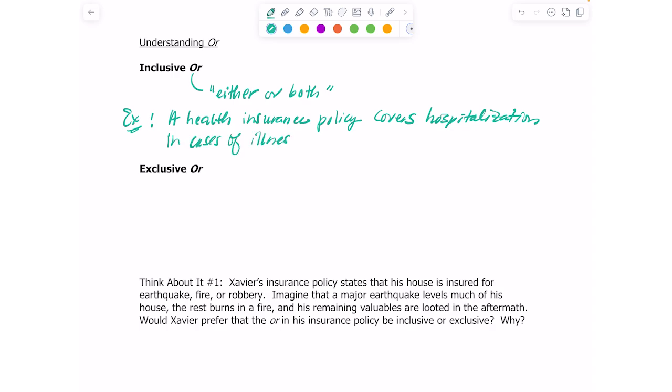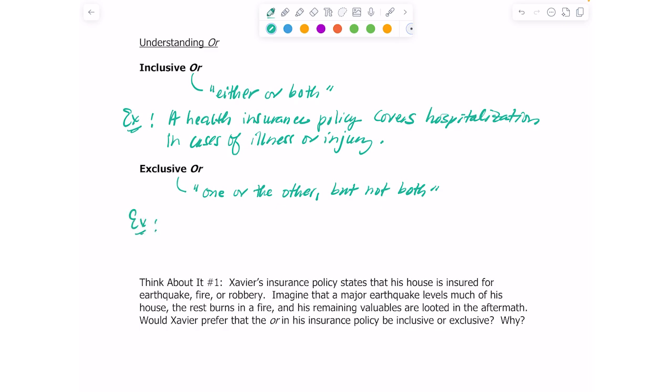By the way, inclusive OR is what we're going to assume we're using in this unit. So unless it's stated otherwise, always assume that we're using an inclusive OR. An exclusive OR means one or the other, but not both. An example could be you go out to a restaurant and they offer you a choice of soup or salad.